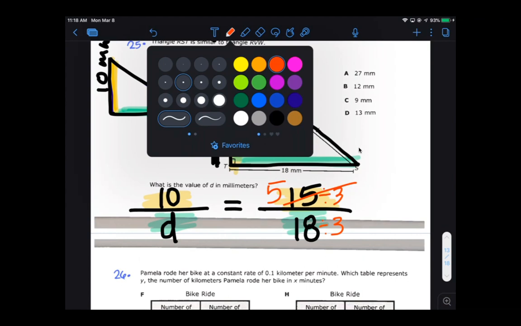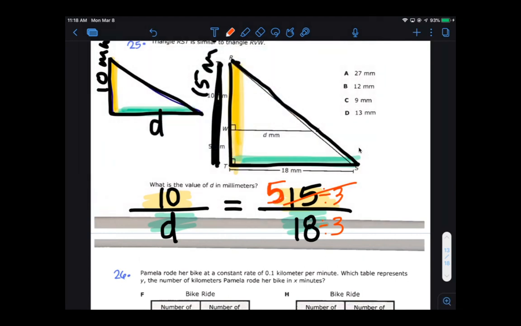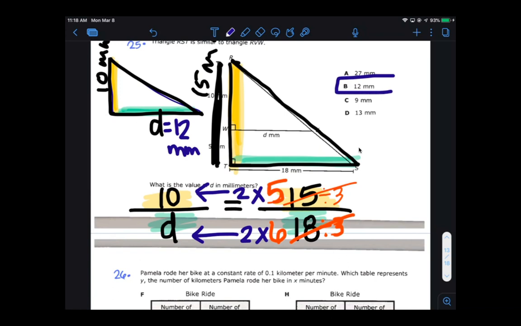And if I simplify 18 by 3, I end up with 6. Now I see that if I multiply 5 times 2, I get 10. So I use the same factor on the bottom. 6 times 2 will give me the answer, which in this case is 12 millimeters. And the correct answer will be letter B.